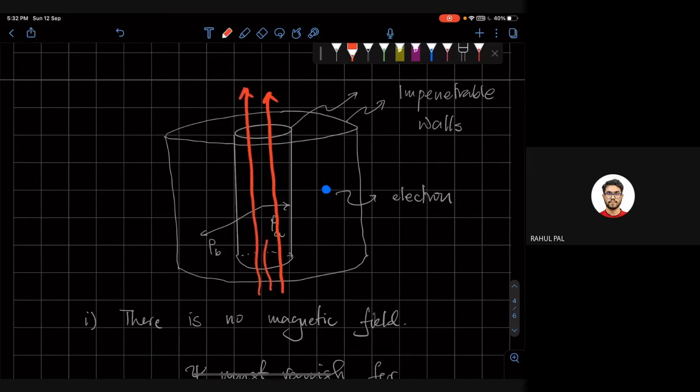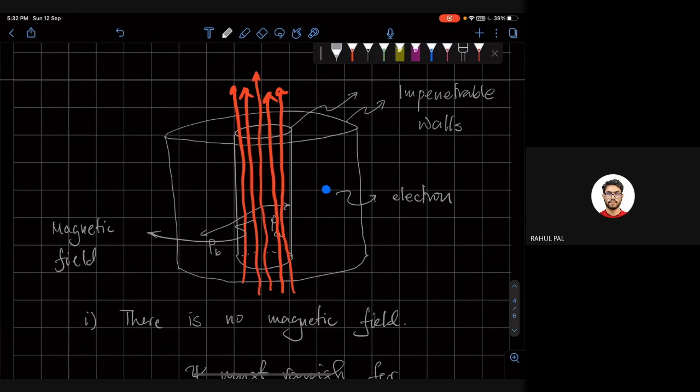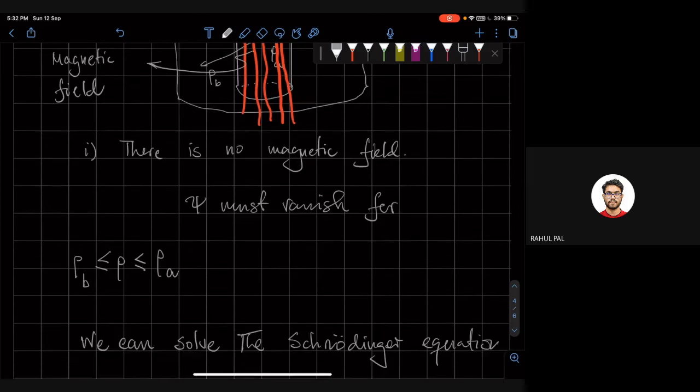But we are going to design our magnetic field in such a way that it only stays in the inside region, the inside cylinder. Now we're taking it constant. It doesn't have to be constant, but let's take the simplest case. So this is situation 2.